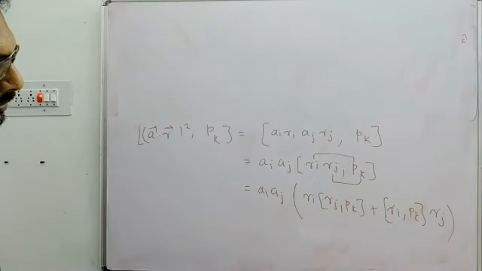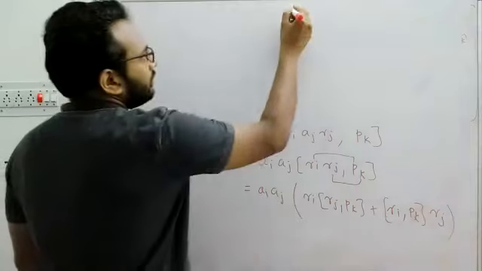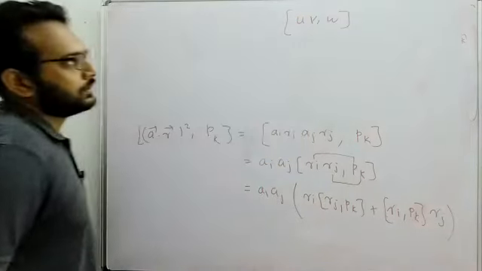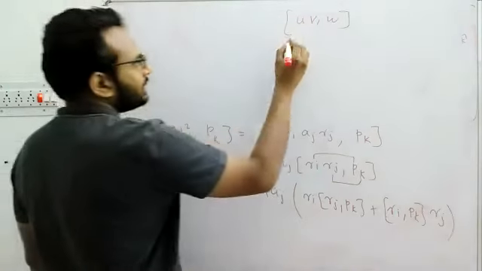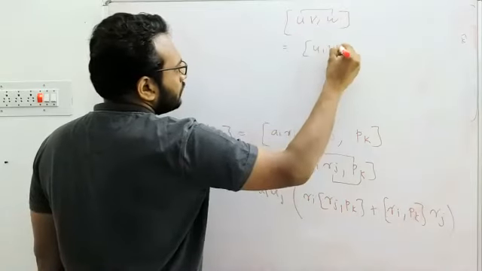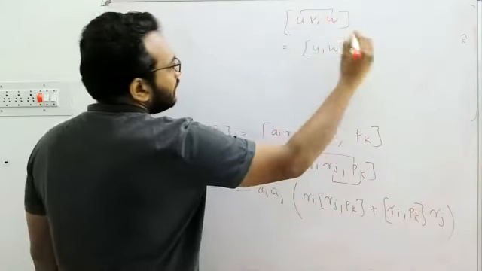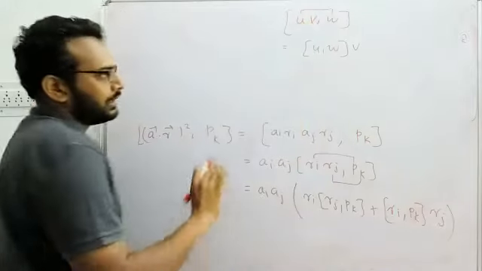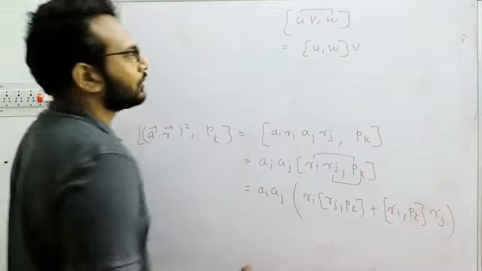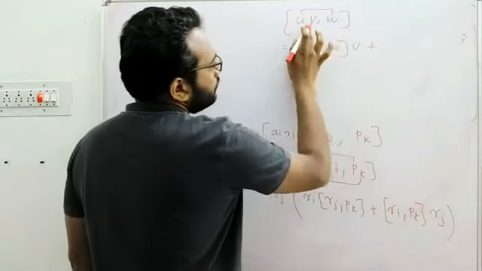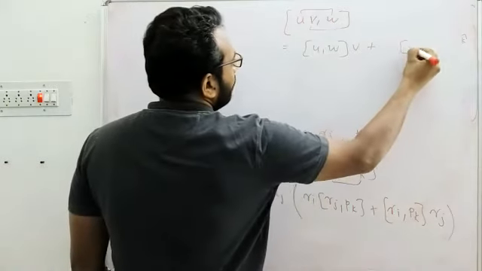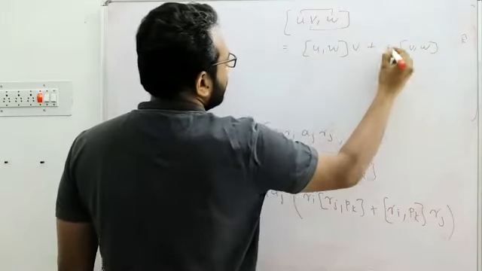The property: this is {uv, w}. This is a product of two functions. This can be written as, first you take {u, w}, and then multiplied by v. You can take v outside. It's just like the product rule. In fact, you can prove this using the product rule. Plus, now you have to take {v, w}, and you have got a u outside.